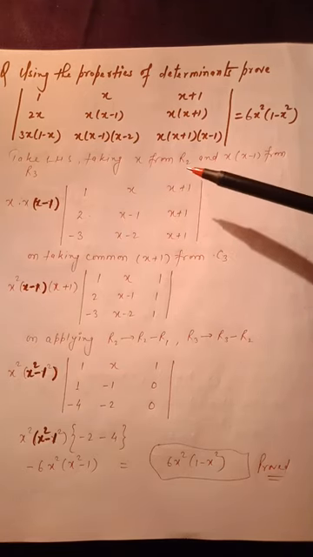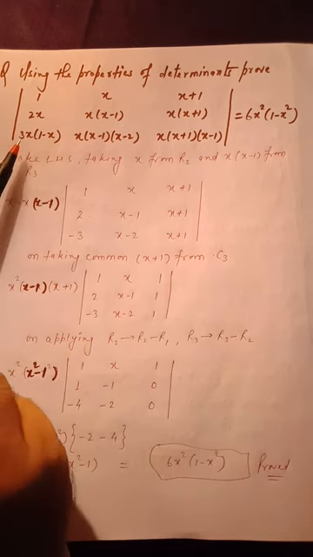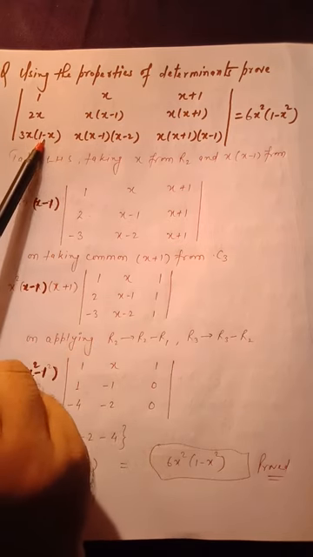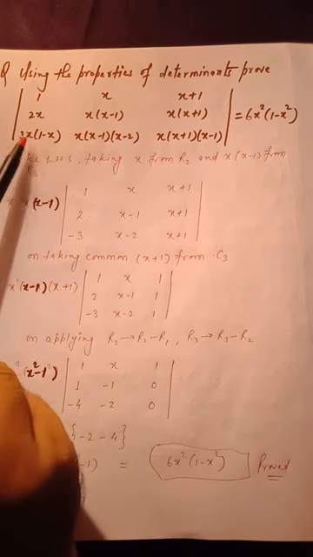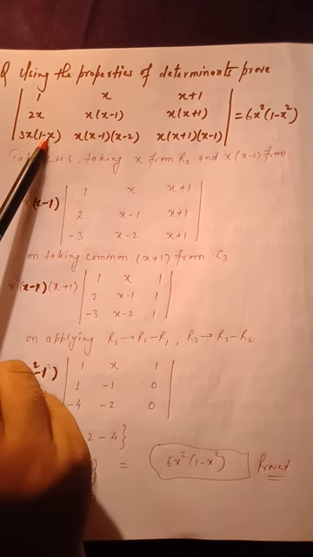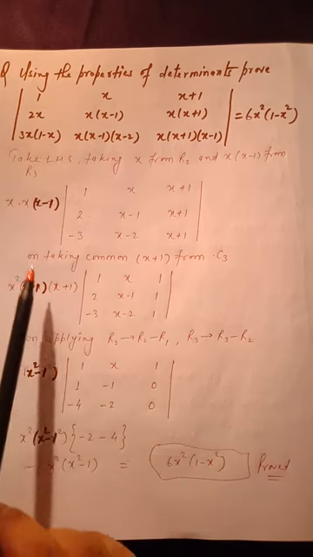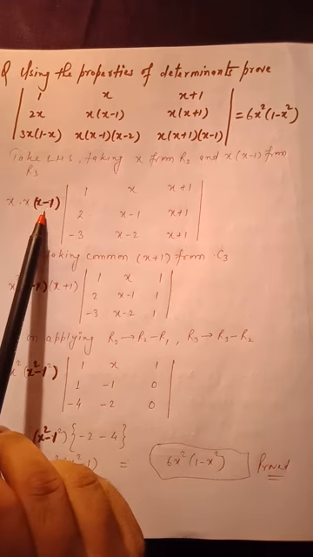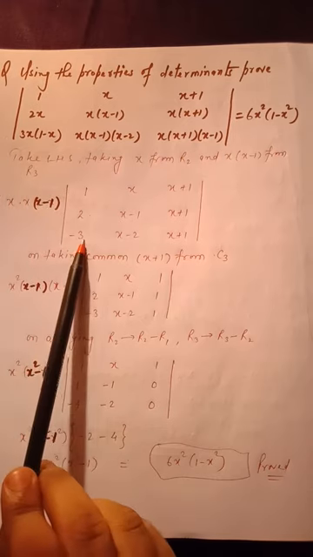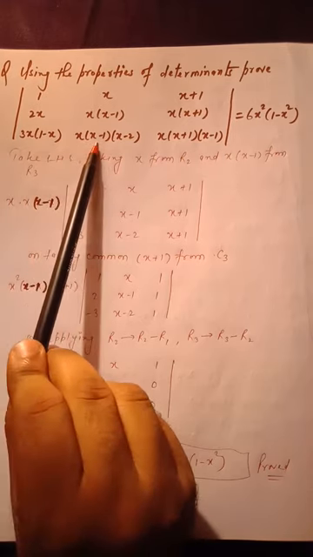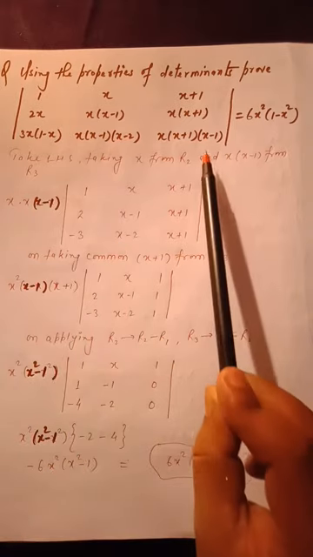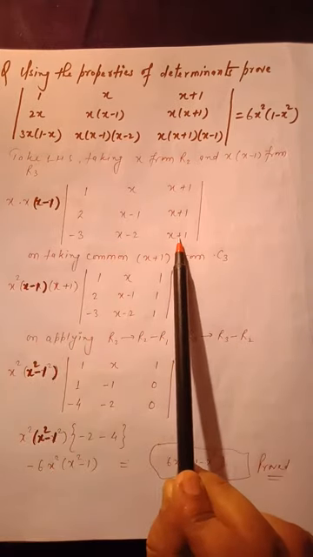Row number 3, may I write minus 3, x minus 1? So x minus 1 is out. You will get minus 3, x minus 2 is here, and x plus 1 is here.